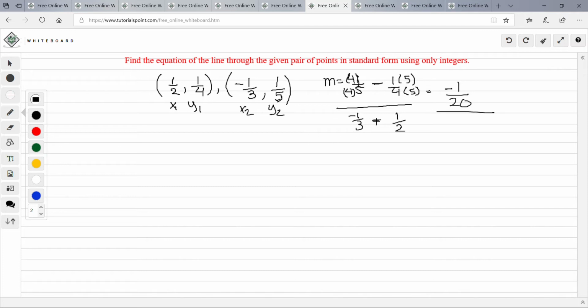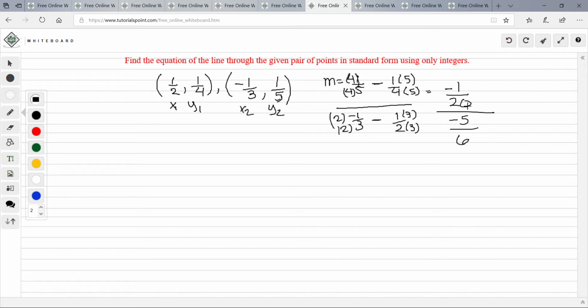And then on the denominator, our GCF is 6 because we have a 3 and a 2. So we're going to multiply this by 3, multiply this by 2. And then you should get -2 minus 3 is -5. -5 over 6.